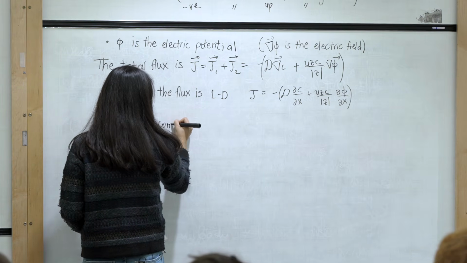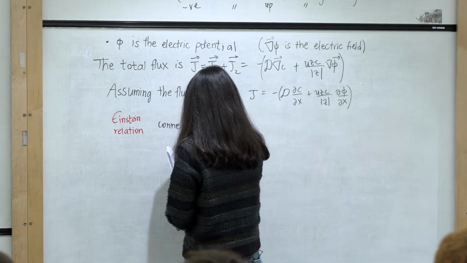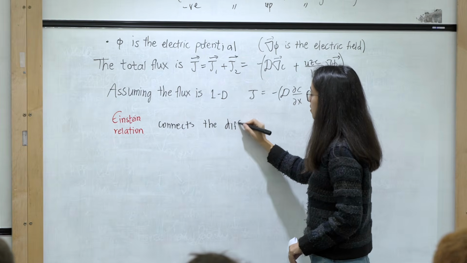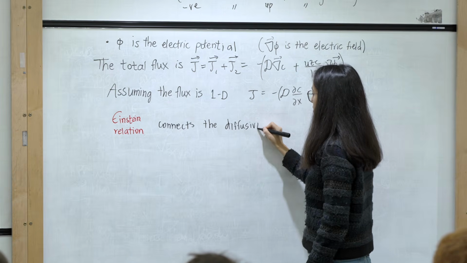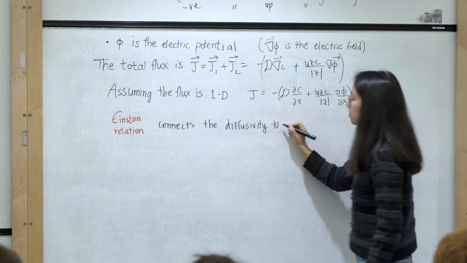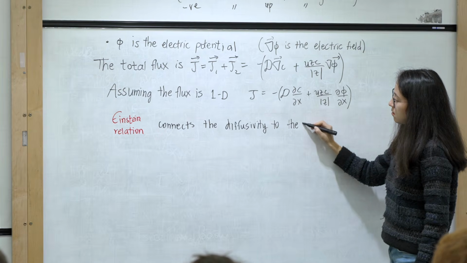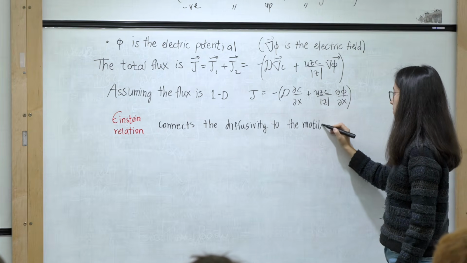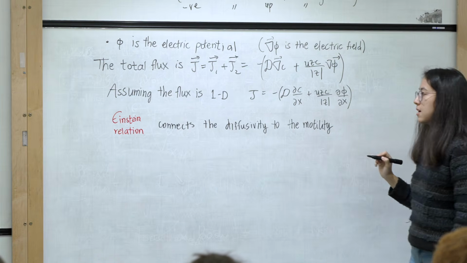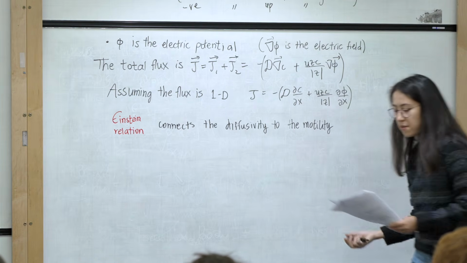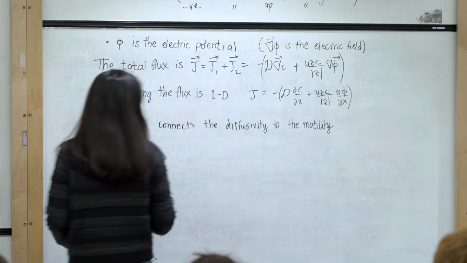And it connects the diffusivity of an ion to the motility of that ion, so its movement. And it's basically going to involve temperature and other things like the universal gas constant.